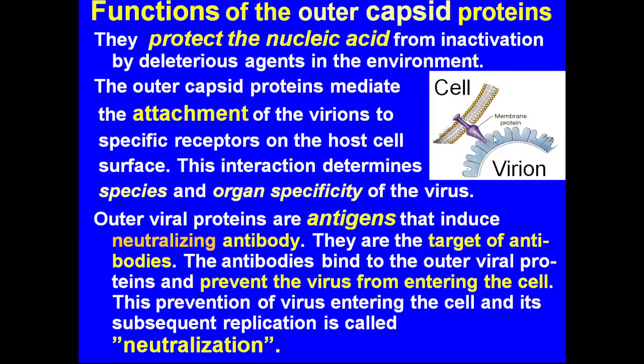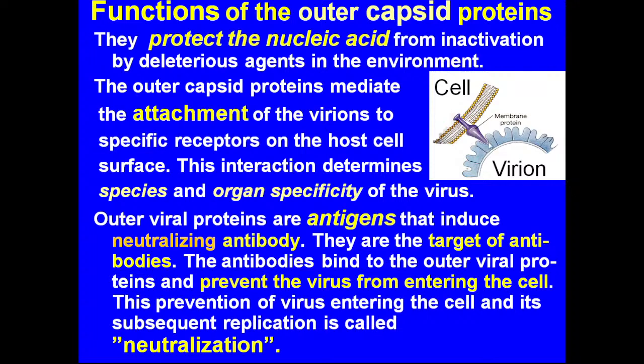Apart from the receptor function, in naked viruses the capsid proteins are important antigens, because can you imagine if antibodies are produced against the protein that is responsible for binding with the cell surface receptor, these antibodies will cover the virion, so the virion will not be able to bind with the cell surface receptor.